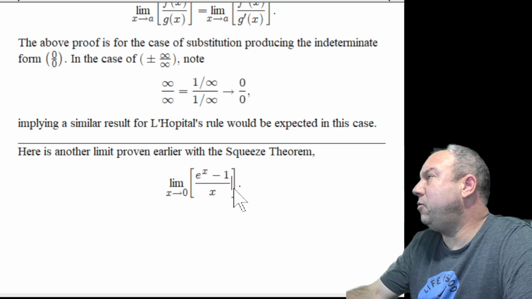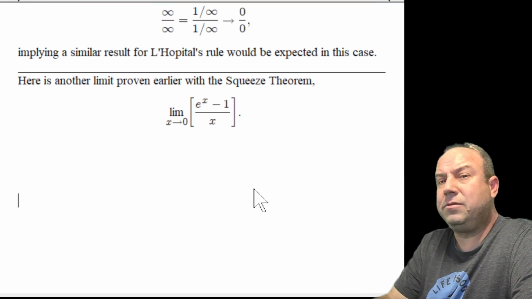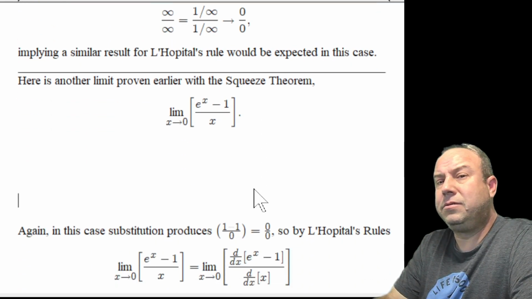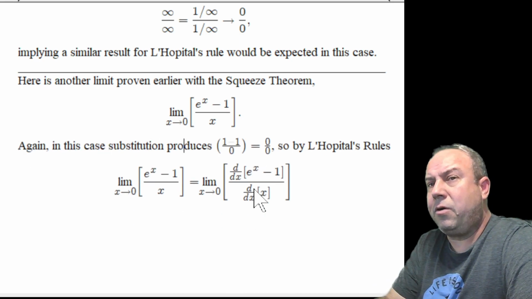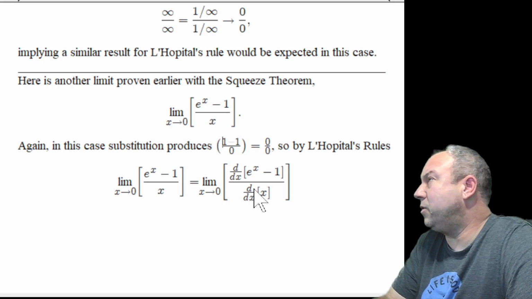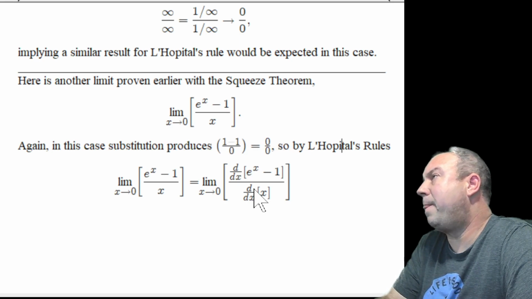Through substitution, we should be able to see that that does equal 0 over 0. We get 1 minus 1 in the numerator, which produces 0, and substituting 0 into the denominator also produces 0.